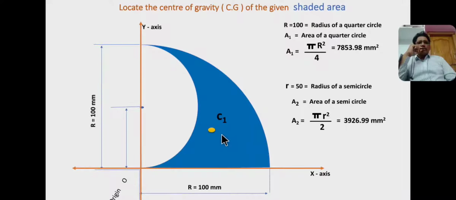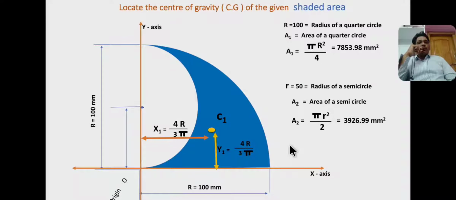Now C1 is the centroid of a quarter circle. From our previous slide, the centroid C1 lies at a distance of 4r by 3 pi from the right angle corner and 4r by 3 pi from x-axis.